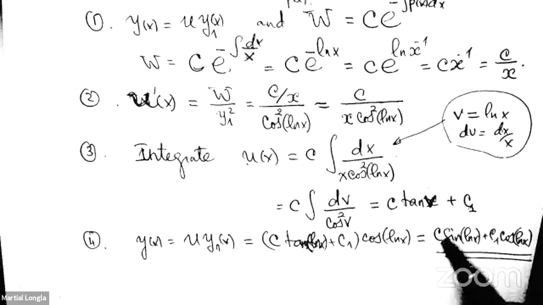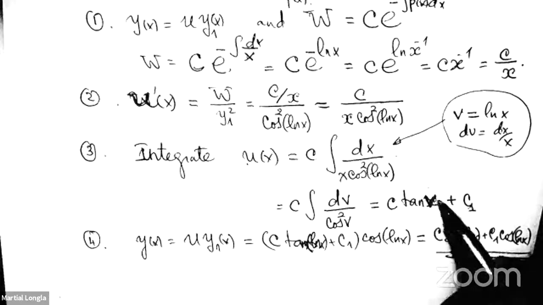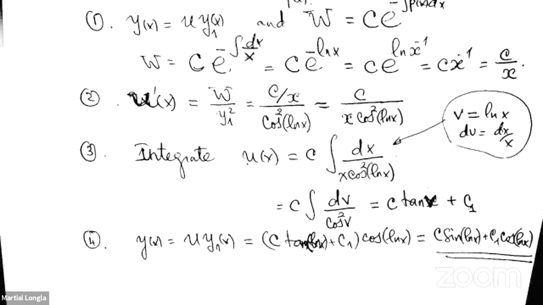So how does it go from tan ln of x to that sine ln of x? Tangent times cosine is sine.